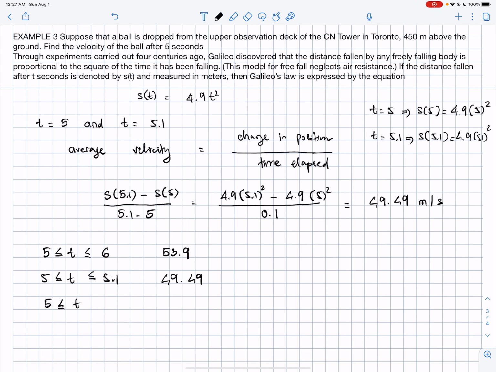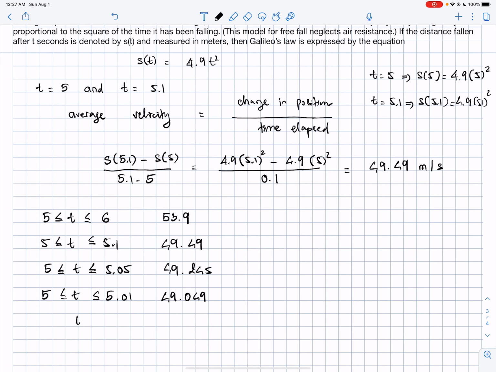If the time is from 5 to 5.05, then the velocity is 49.245. And the time from 5 to 5.01, then the velocity is 49.049. And if we take the time from 5 to 5.001, we will get 49.0049 for the velocity.